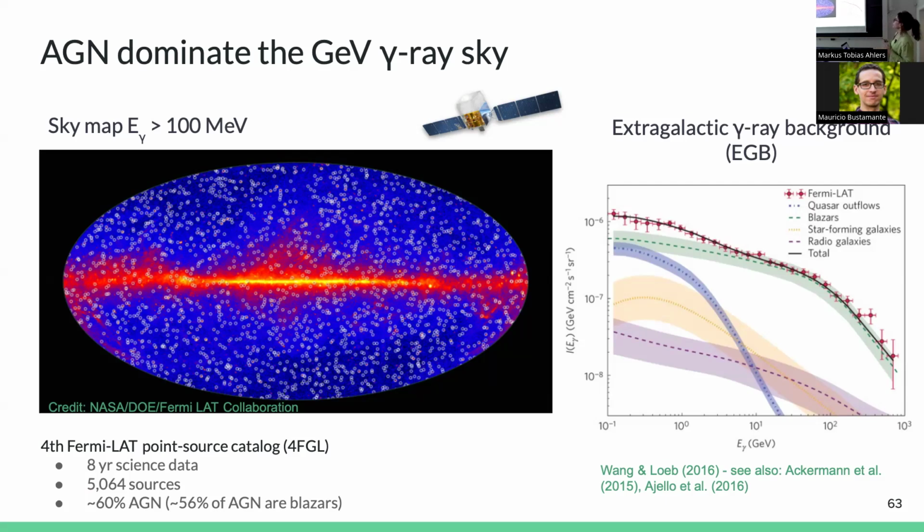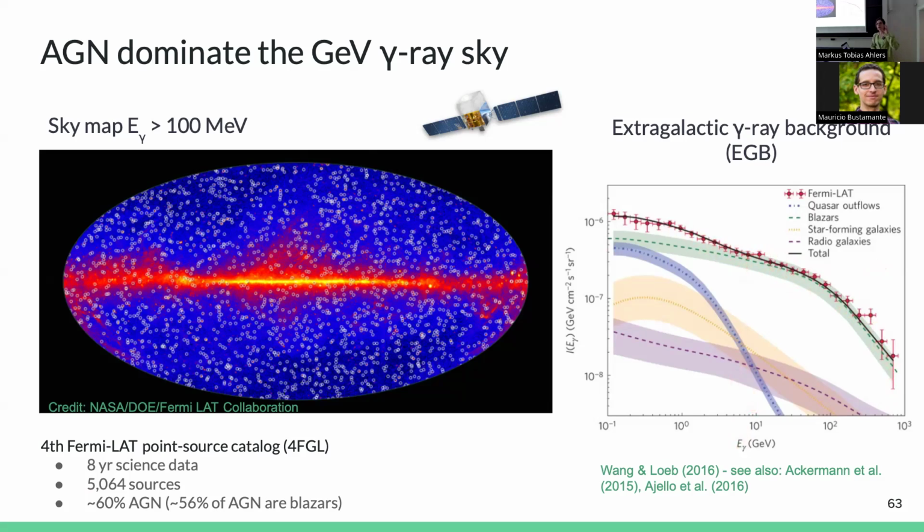So if we calculate this extragalactic gamma ray background, you see here the intensity of that as a function of the gamma ray photon energy, the data are the markers, and there are some estimates here that show calculations that show that blazars, so these AGNs with jets that point towards the observer, towards us, actually contribute most of this extragalactic background light above 10 GeV.